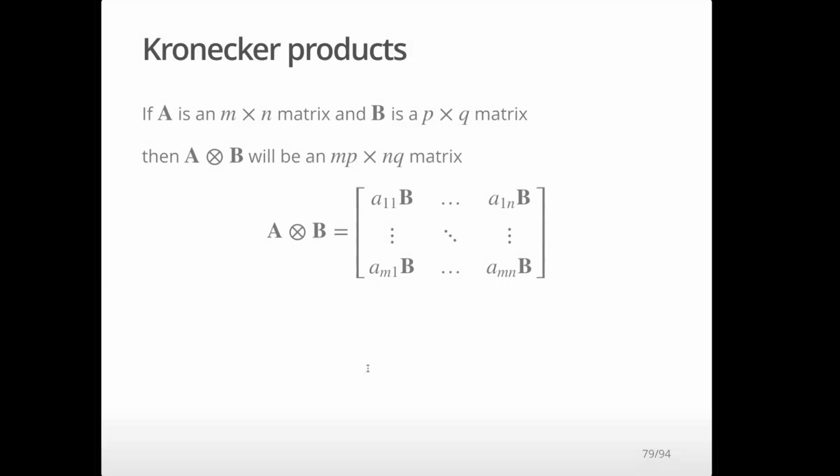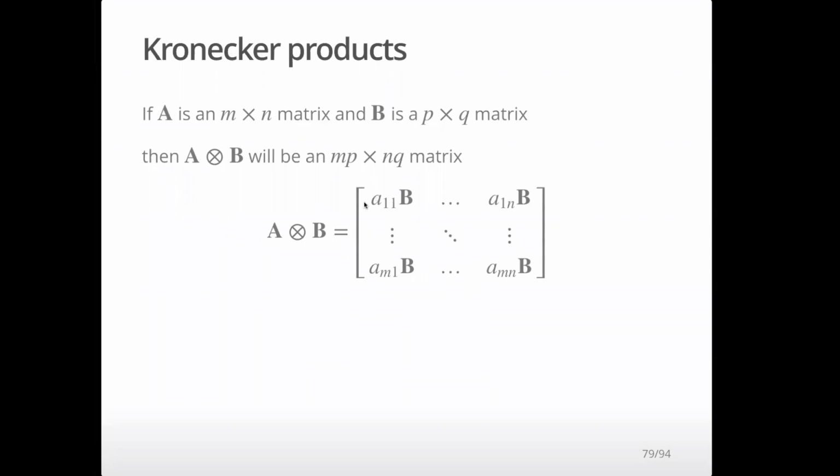A Kronecker product is a way of multiplying the entries in two different matrices without doing your standard matrix multiplication. So if A is, let's say, an m by n, and B was p by q, the Kronecker product of A times B is going to have dimensions m times p by n times q.